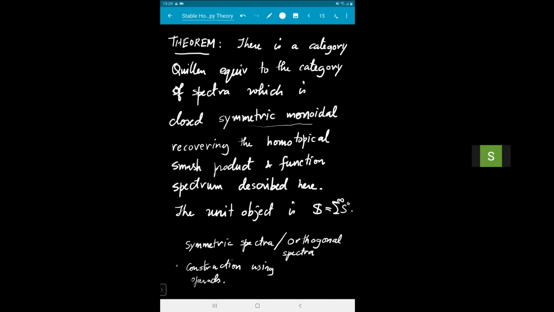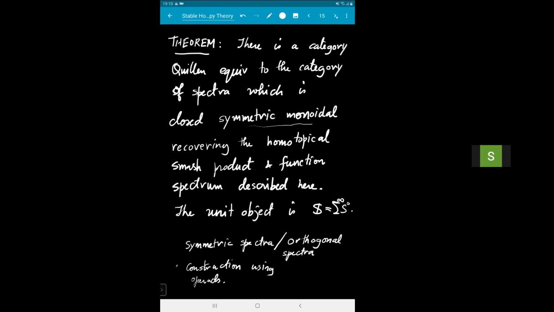So the thing is, for example, in symmetric spectra, the objects are sequences of spaces, but each Xn has an action of the symmetric group.